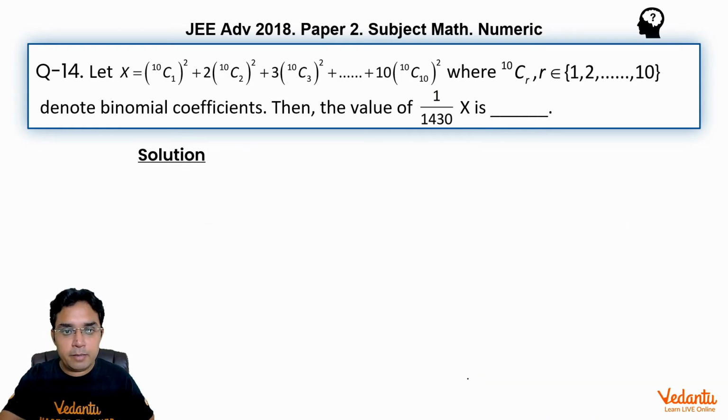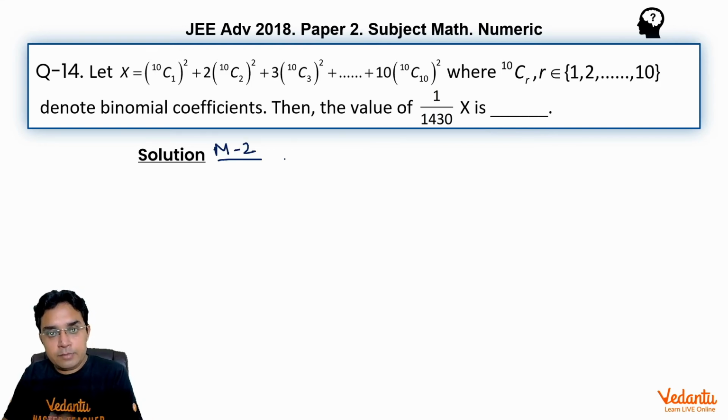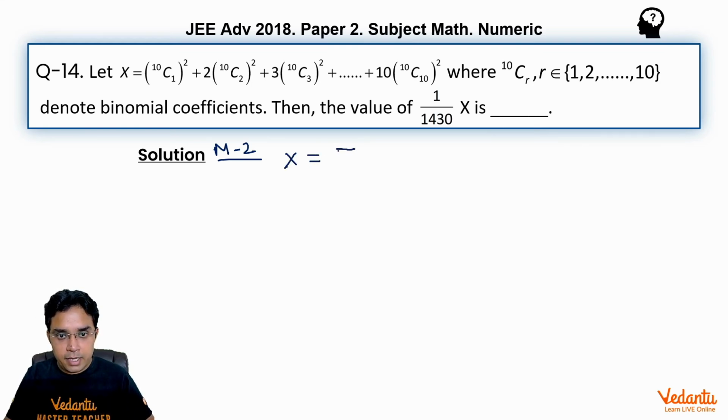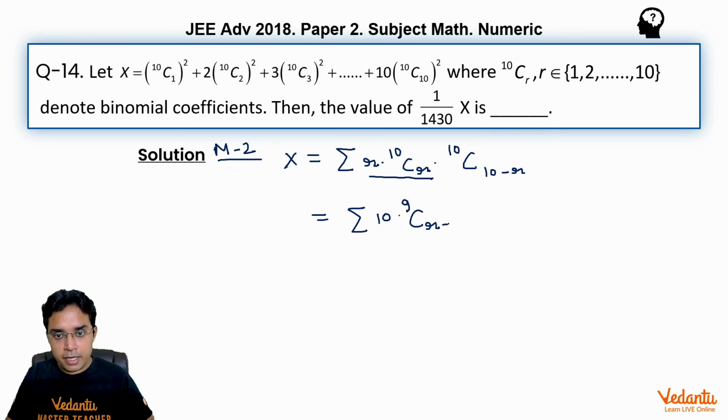Now coming to the second method. Method 2 is also similar, but that is not in terms of PNC, but in terms of the coefficient method. Let us see how. We can write x once again the same as r into 10Cr into 10C(10 minus r). And then this r into 10Cr can be written as 10 into 9C(r minus 1) using the property of binomial coefficients.